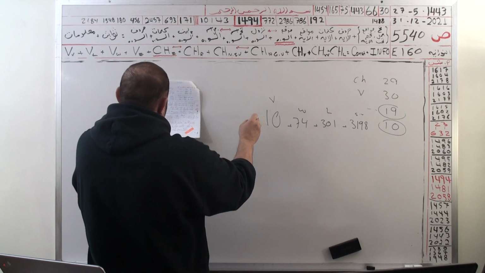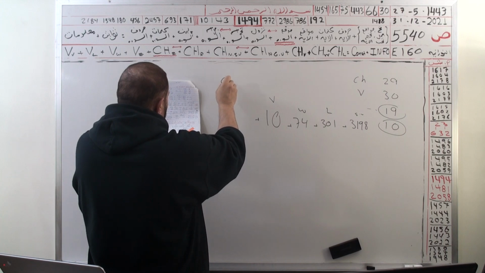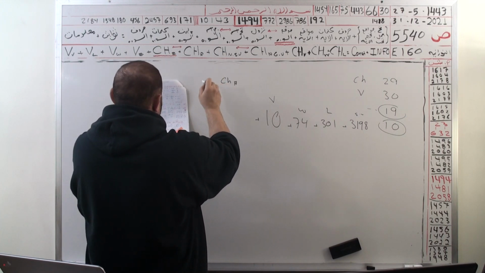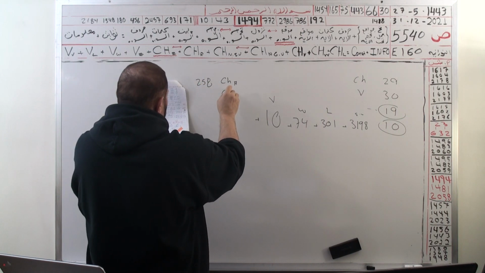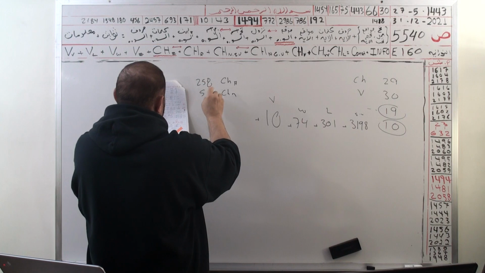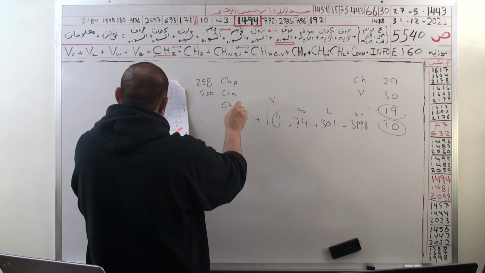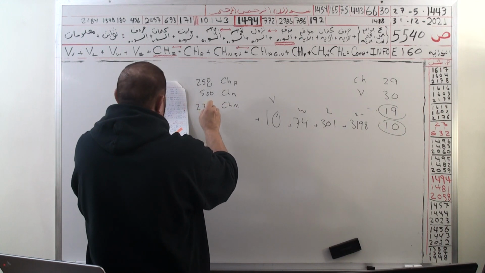Now let's do the chapters. Chapter number, no repetition, that's obvious: 258. Chapter Revelation, 500 even. The chapter name, I would complete this, 2,384.